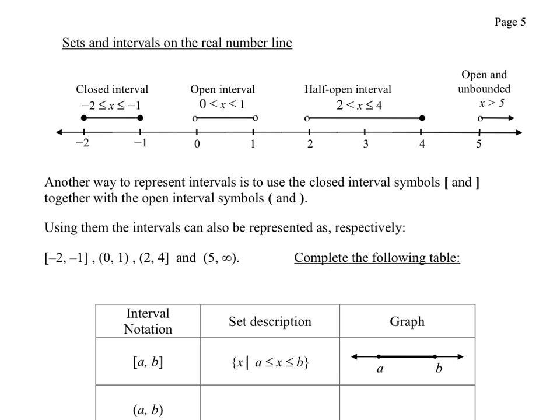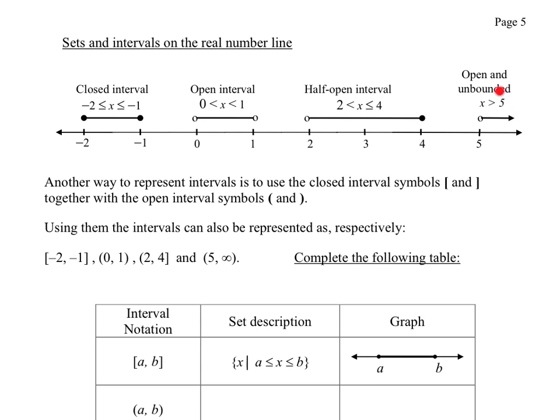And you can see that the 0, 1 down here has round brackets, and these round brackets mean that you don't include the endpoints. If you think about this one here, we don't include the 2, but we include the 4. So there's a round bracket at the 2 and a square bracket at the 4.